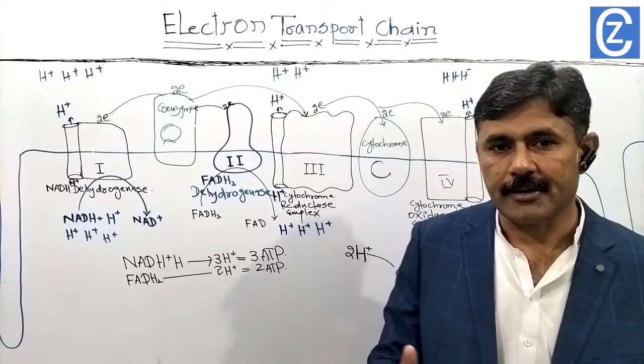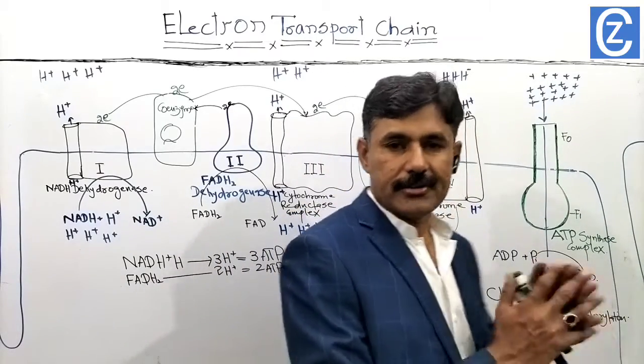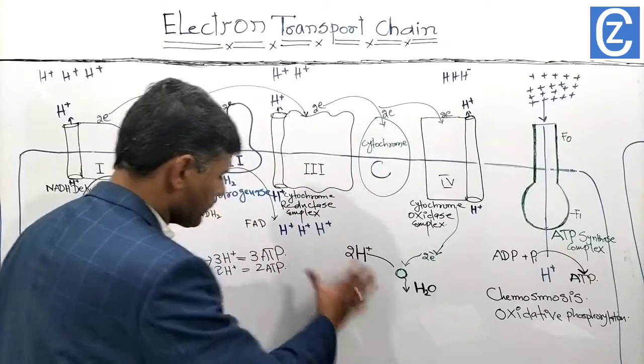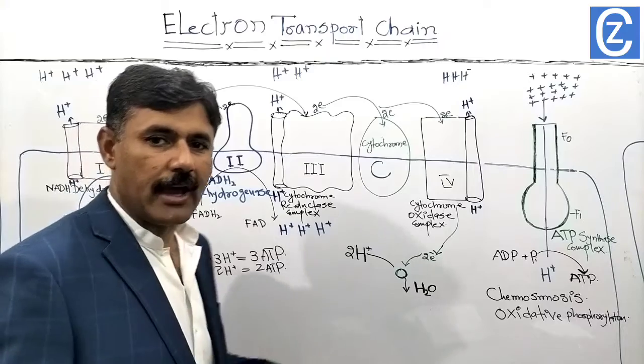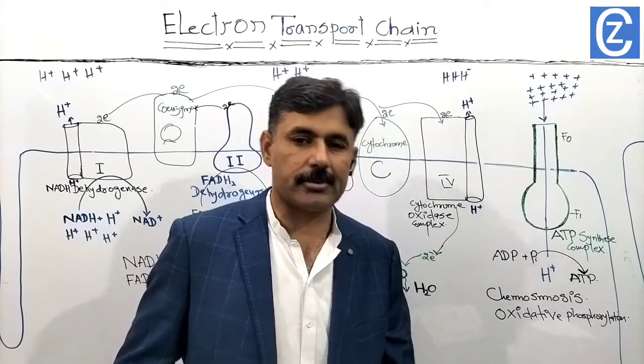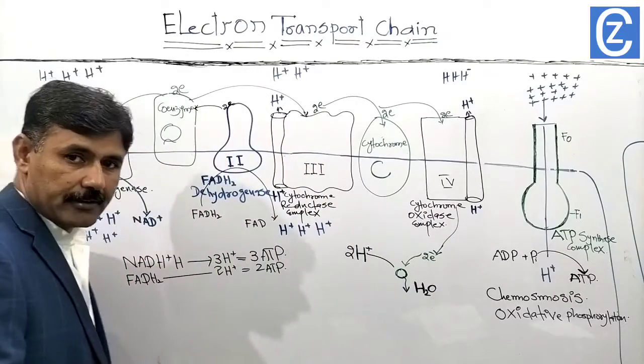As we have studied, during glycolysis we have produced NADH. During acetyl coenzyme formation, we have produced NADH. And during the Krebs cycle, we have produced NADH and FADH2 also. Not only is substrate phosphorylation taking place during respiration, but we are also producing these NADH and FADH2.